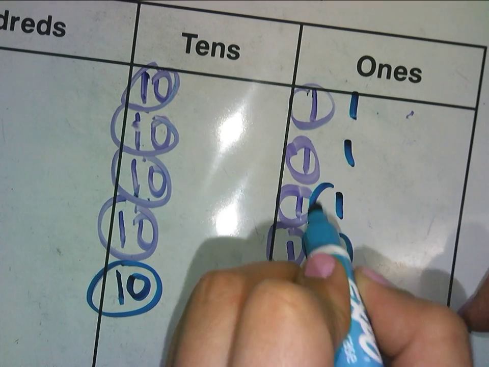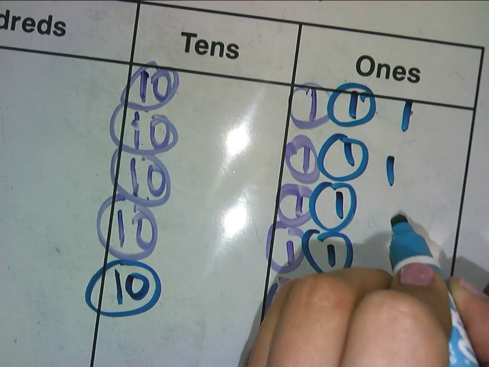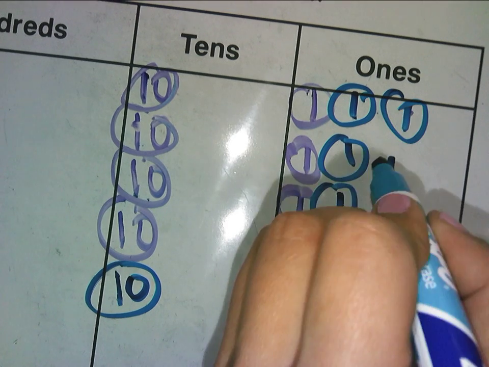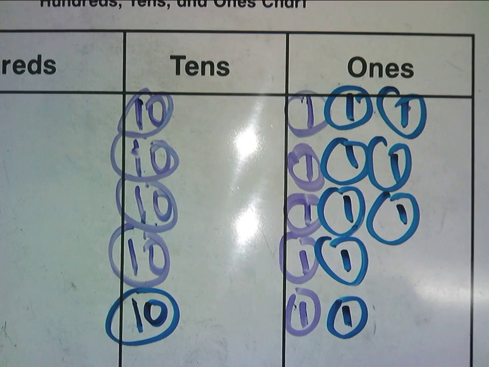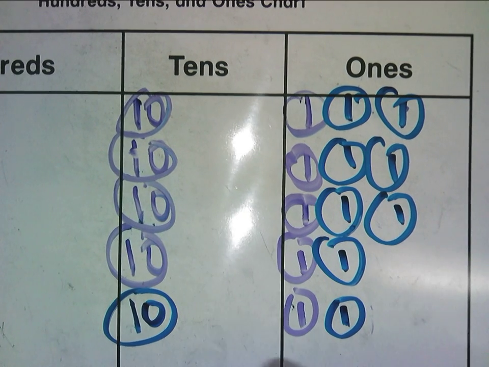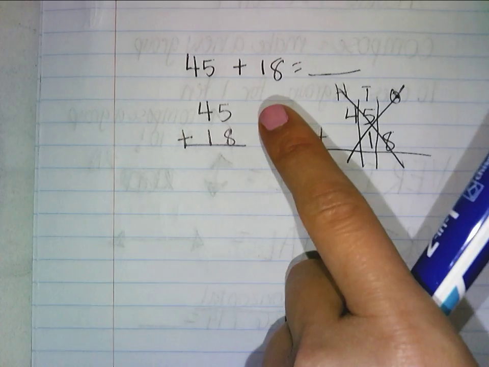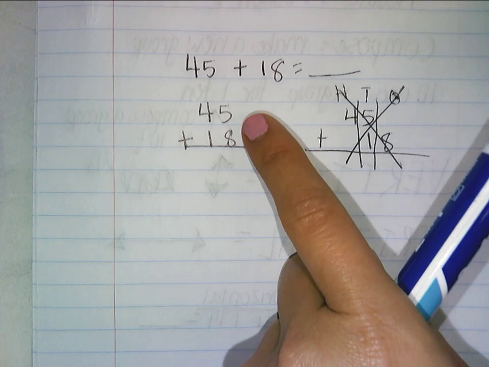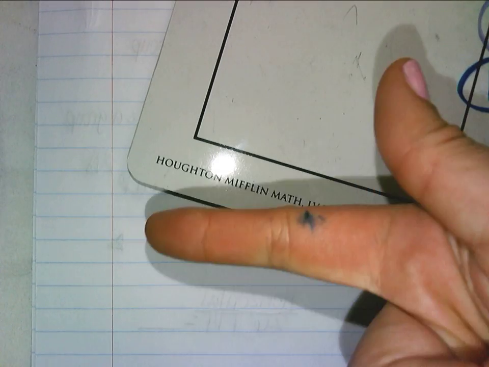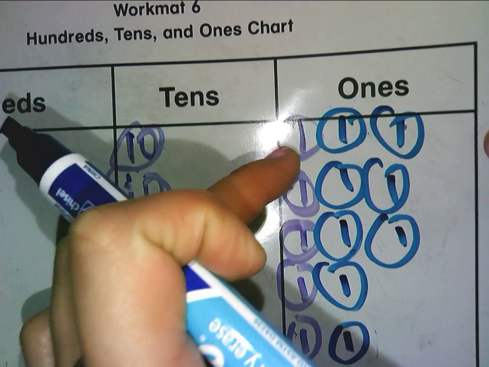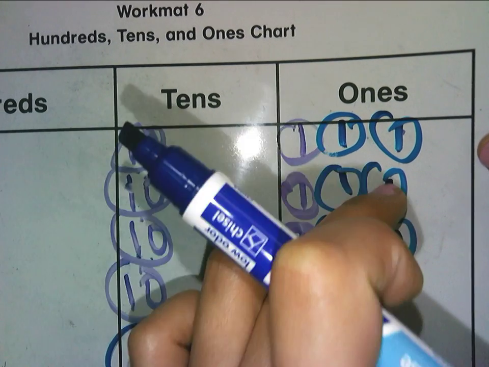Still doing my 10 frame lineup. 1, 2, 3, 4, 5, 6, 7, 8. Okay, so now I add in the ones, tens, hundreds. So if I look at my paper, I'm adding 5 plus 8, or 8 plus 5, 8, 9, 10, 11, 12, 13. 1, 2, 3, 4, 5, 6, 7, 8, 9, 10, 11, 12, 13.